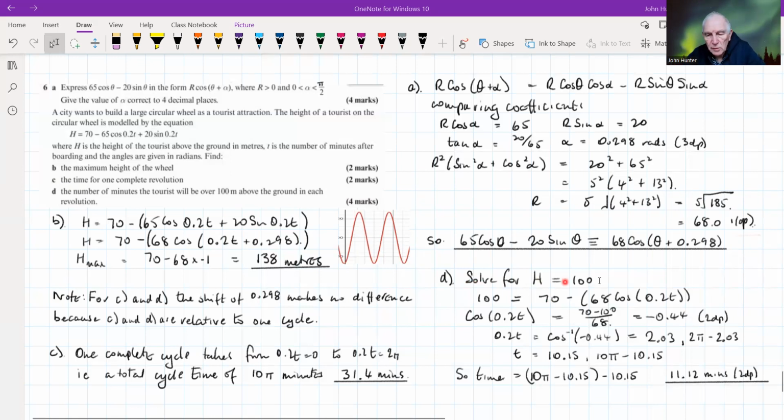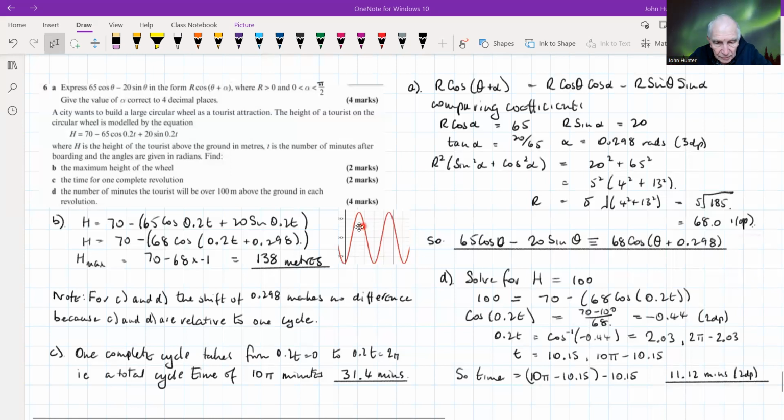It's sometimes a little bit difficult to get your brain around, but if we solve for h equals 100, you could do this as an inequality. Personally I tend to find it a bit more awkward like that. If we solve for that, the points when the tourist is over 100 meters are delimited by these points on the graph, there and there.